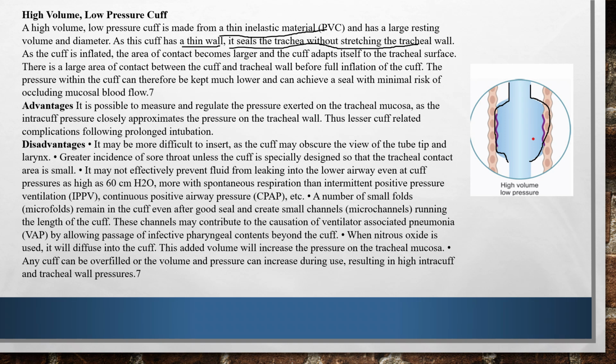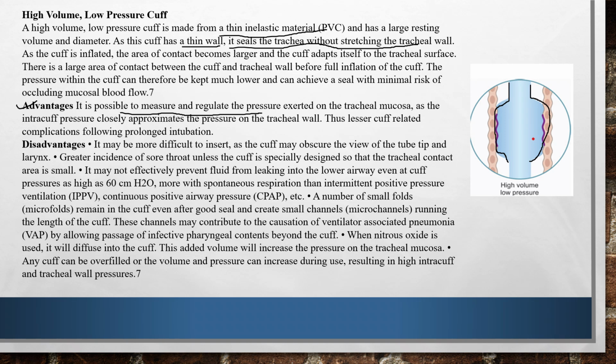The advantage of the high volume low pressure cuff is that it is possible to measure and regulate the pressure, as the pressure is low in this kind of cuff, and it is possible to measure the intracuff pressure, which closely approximates the pressure on the tracheal wall.